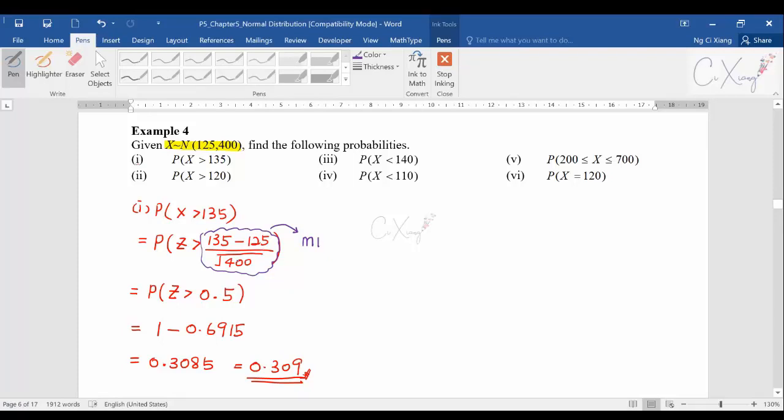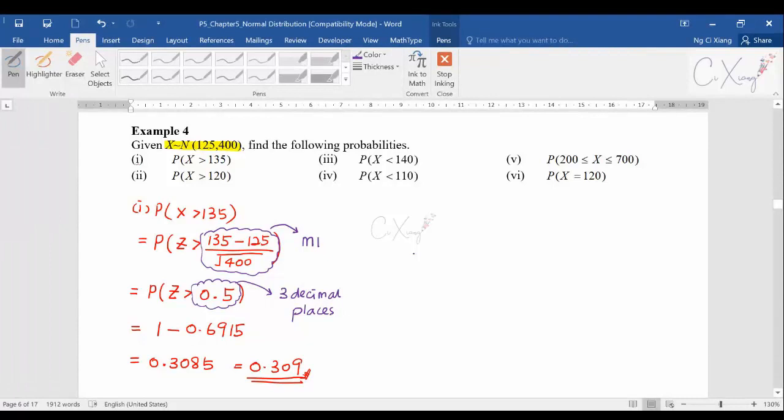After you write it out, when you press the calculator, for this example we have a very nice number, which is 0.5. If when you press the calculator you get a very, very long answer, please make it 3 decimal places. For example, if you get 0.33333333333, when you want to find the value from the table, keep it to 3 decimal places, which is 0.333.